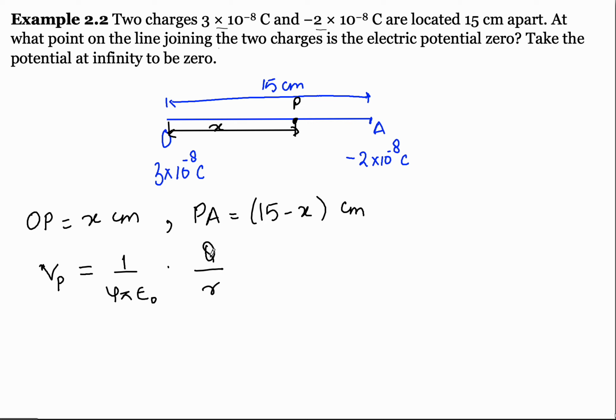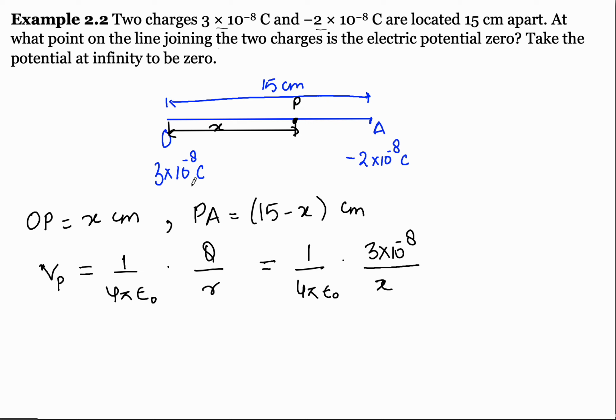So here, this is the charge, and I'm going to consider this point. From this point, what will be the potential? So the charge here at O gives 1 by 4 pi epsilon naught into 3 into 10 raised to the power minus 8 divided by X. Fine.